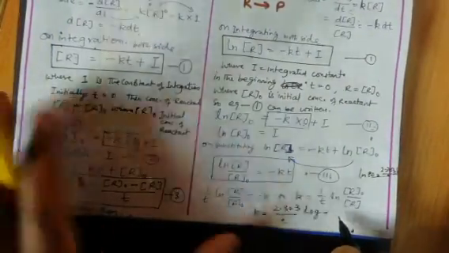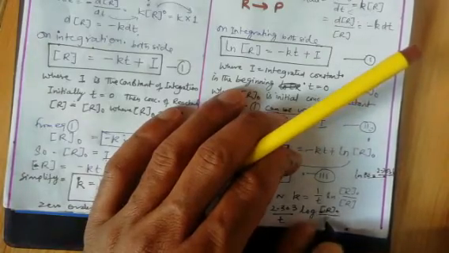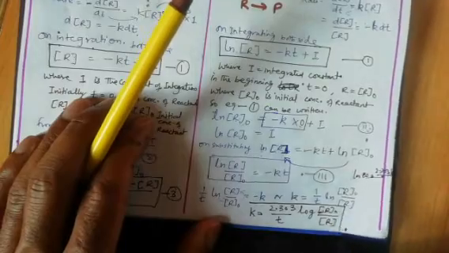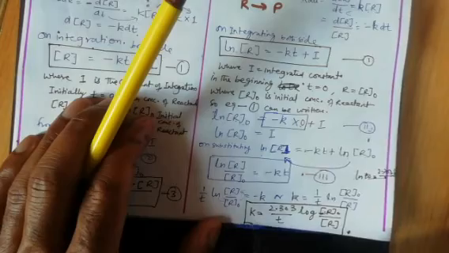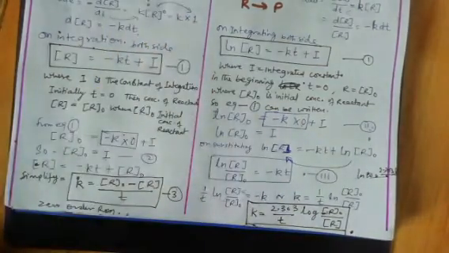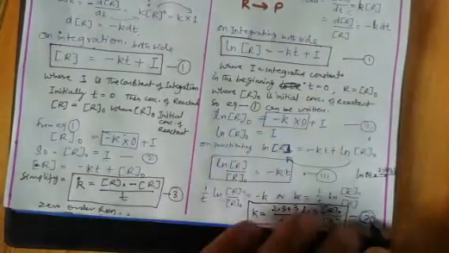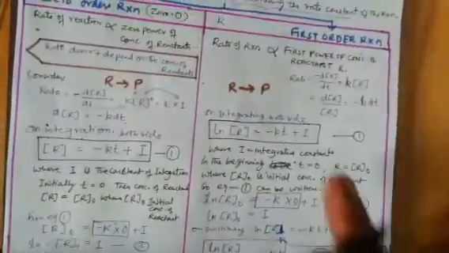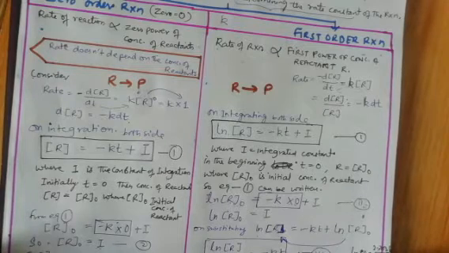So the value becomes k is equal to 2.303 upon t log R naught upon R. This is the equation for the rate constant for a first order reaction.